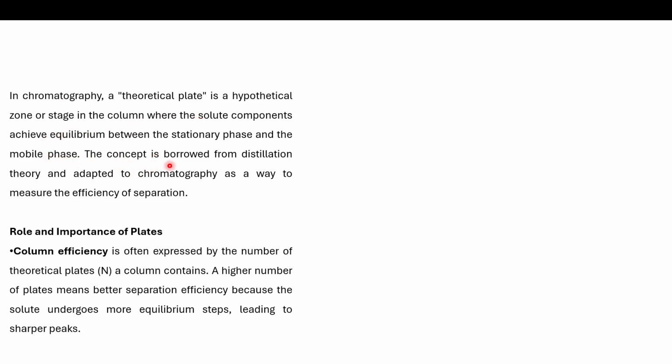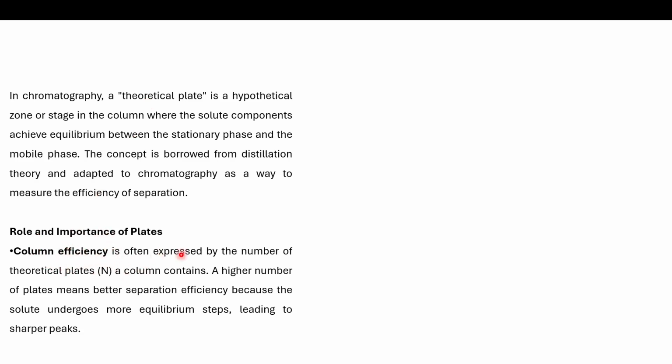Okay, so basically this concept has been taken from distillation theory and adapted to chromatography so as to measure the efficiency of separation. So the idea of the theoretical plate constitutes how chromatographic column efficiency can be talked about.